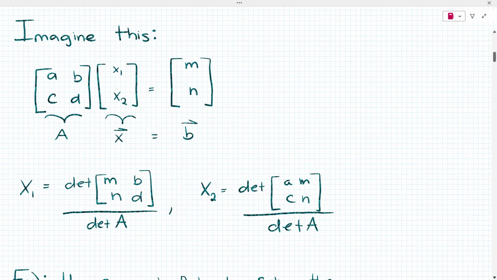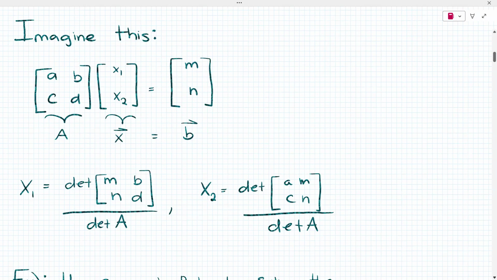As you can see, the b, d column stays the same; the only difference is you replace a, c with m, n. Then it's all over the determinant of A, which is simple to take: ad minus cb.